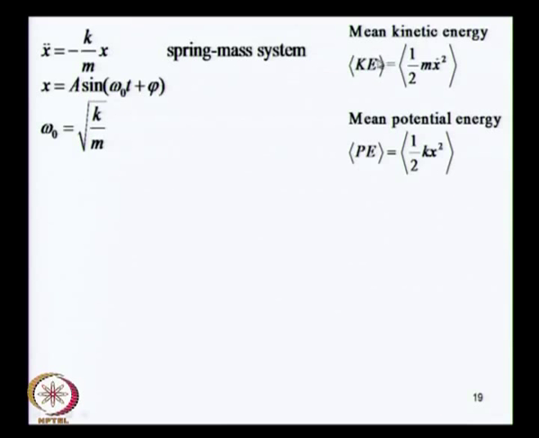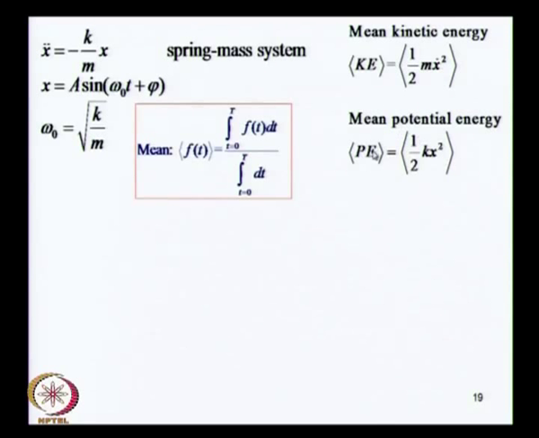So, this angular bracket is my notation to represent the mean kinetic energy. Likewise, we have the mean potential energy, which is the average of this half kx square, and the average will then be determined by taking the time integral of any function over one period and dividing it by the total time period itself.